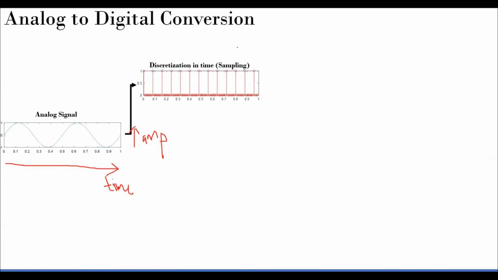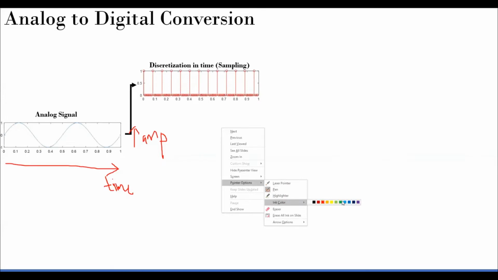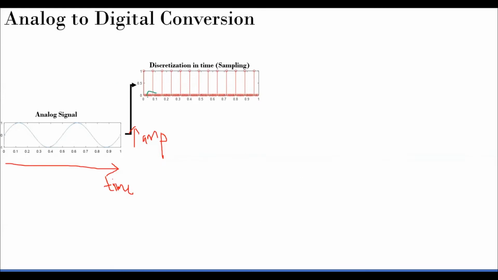Now, analog to digital conversion involves two processes. One is you first discretize the thing in time, which is known as sampling. So you won't take these continuous values in time. You only take values in a certain interval. For example, only at this point, this point, this point in time.